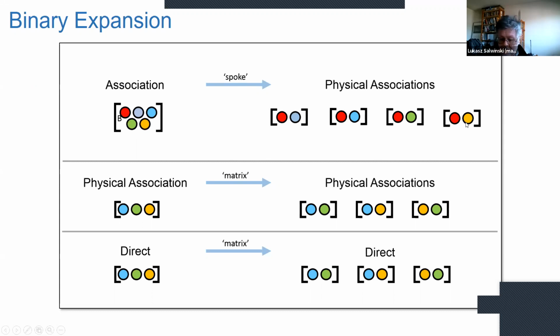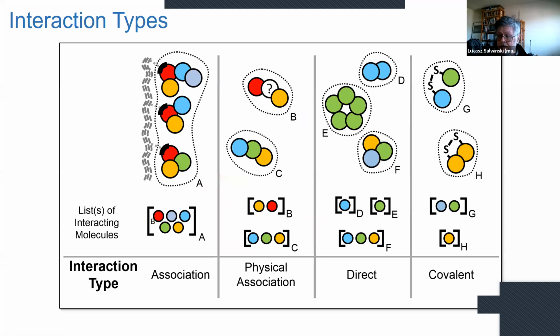This is consistent with what we've seen here, that in every case of the complex hanging on some sort of a resin or some sort of solid support, every prey is guaranteed to be present in the same physical complex. So the pairwise interaction between the yellow prey and red bait is going to be physical. Same thing with the blue guy and red guy here.